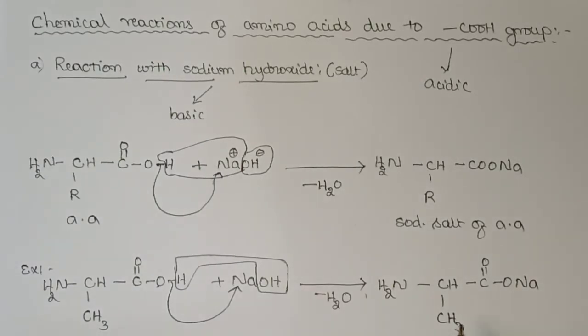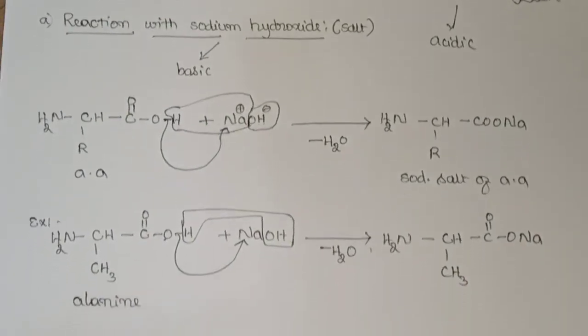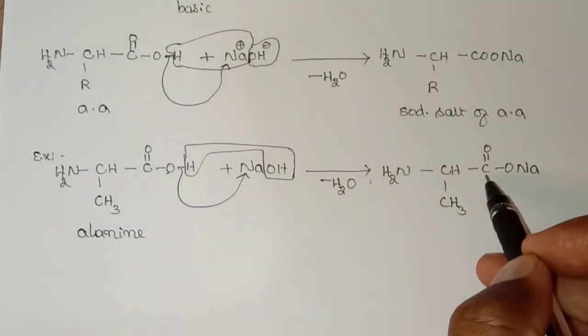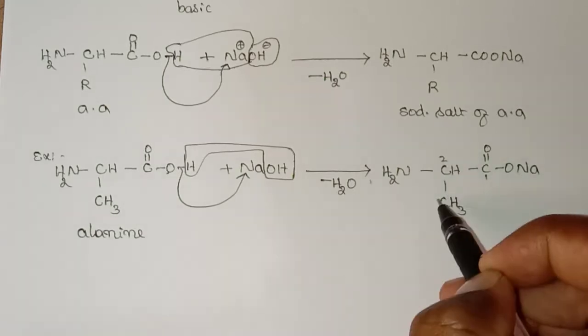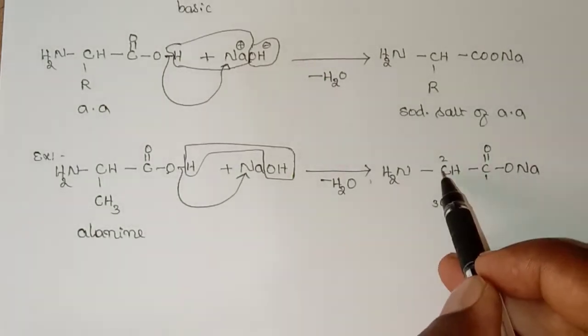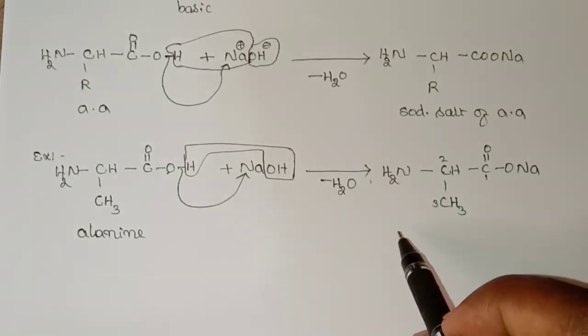So this is the product, and the amino acid that we have considered here is alanine, and we should know the name of this particular product which is formed during the reaction. Carboxylic acid is the first one. So 1, 2, 3, right? There are 3 carbon atoms in the parent chain, and at the second position we have an amine group.